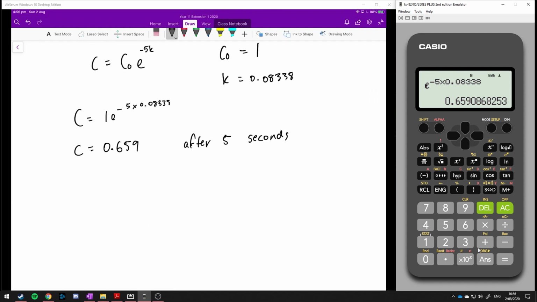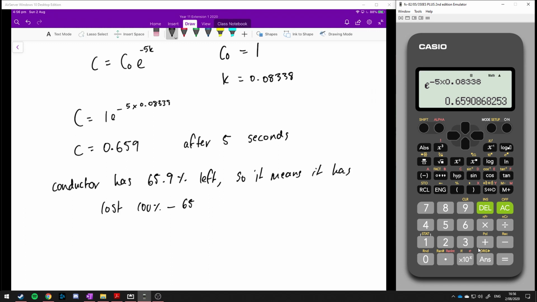So the conductor has 65.9% left. So it has lost 100% minus 65.9%, which should be 34.1%. Okay, so that's how much it's lost.